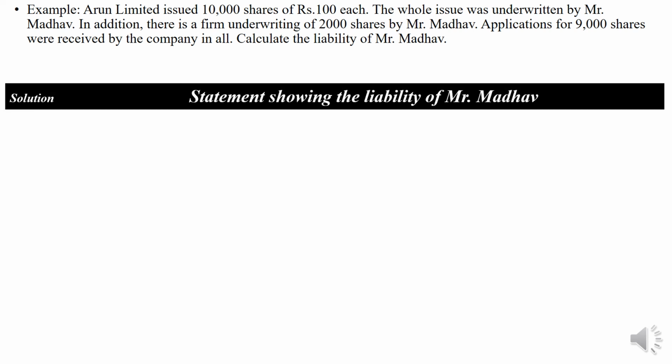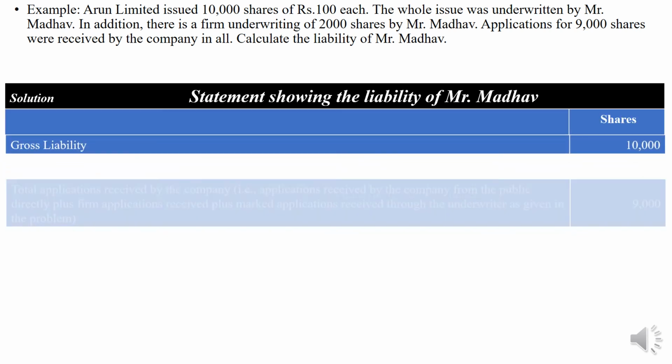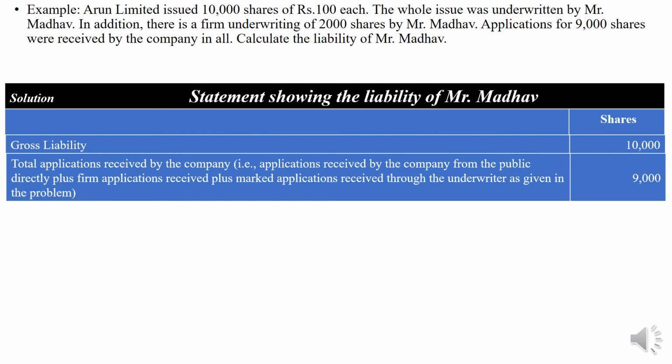Okay, statement showing the liability of Mr. Madhav. So here the gross liability is 10,000. Total applications received by the company is 9,000. Look at here, the total applications received includes all applications received by the company from the public directly, plus firm applications received, plus marked applications received through underwriting.